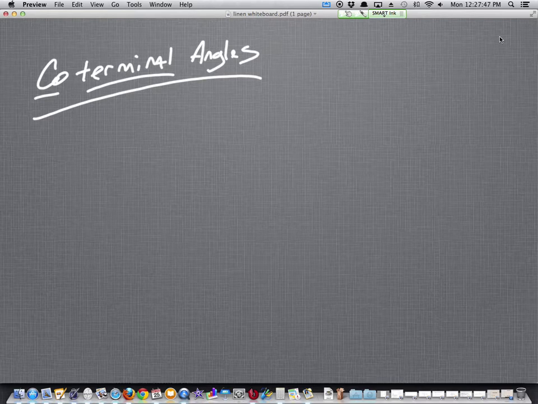So remind me, before we get into it, what are some things I need if I'm going to draw an angle? I need 2 rays. What are the names of those 2 rays? Initial and terminal. What's the other thing I need for an angle? Vertex. I need a vertex, but what else do I have to show? I have to show the rotation. Okay? So keep that in mind.